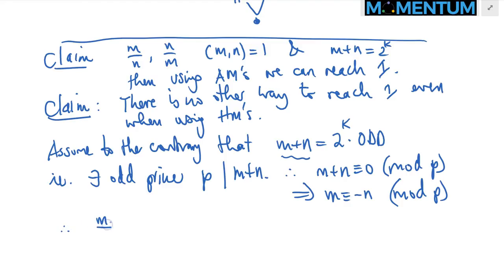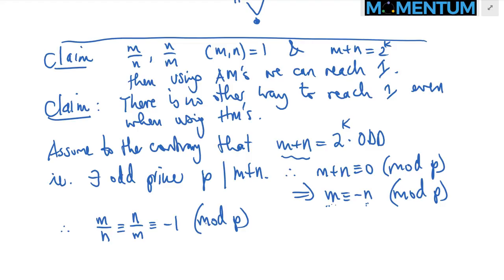If you divide both sides by n, m over n is congruent to minus 1, and if you divide both sides by m, you realize that n over m is also congruent to minus 1. They are both congruent to minus 1 mod p.